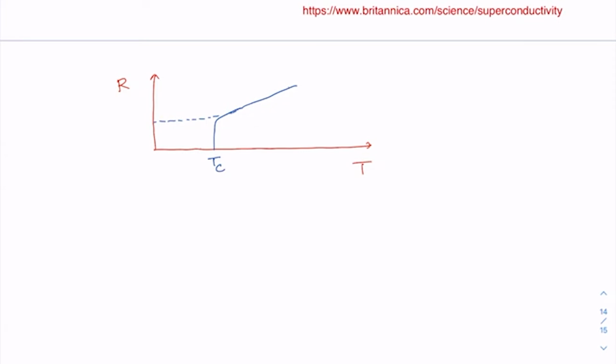Later on it was found that this is actually a phase transition, and this zero resistance is maintained even below T less than Tc, and then we call the metal a superconductor. So below here we have R equal to 0. Alright, so this is what Kamerlingh Onnes observed in his experiments.